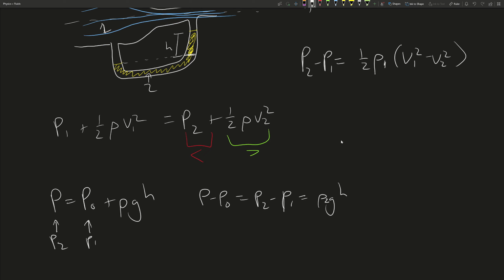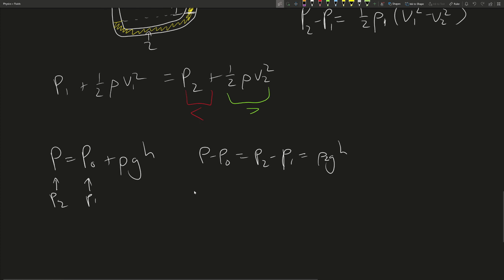So setting these equal, we get 1/2 rho 1, the density of the moving fluid, times the difference in the squares of the velocities is equal to rho 2 times g times h.